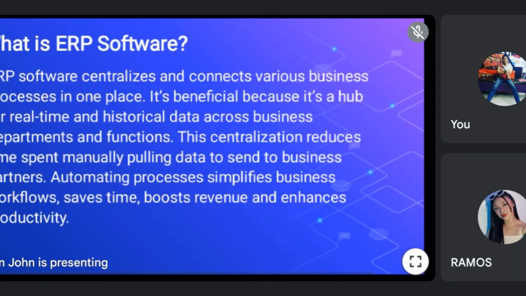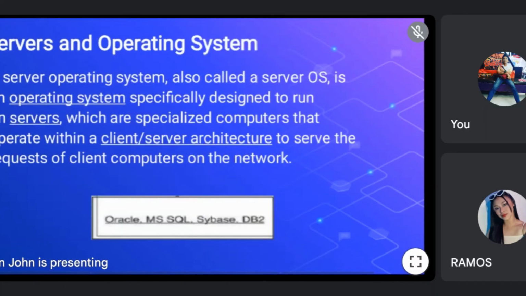ERP software, and the ERP software is connected in the server's operating system. Next po. Server and operating system. A server operating system, also called a server OS, is an operating system specially designed to run on servers, which are specialized computers that operate within a client-server architecture to serve the requests of client computers on the network.